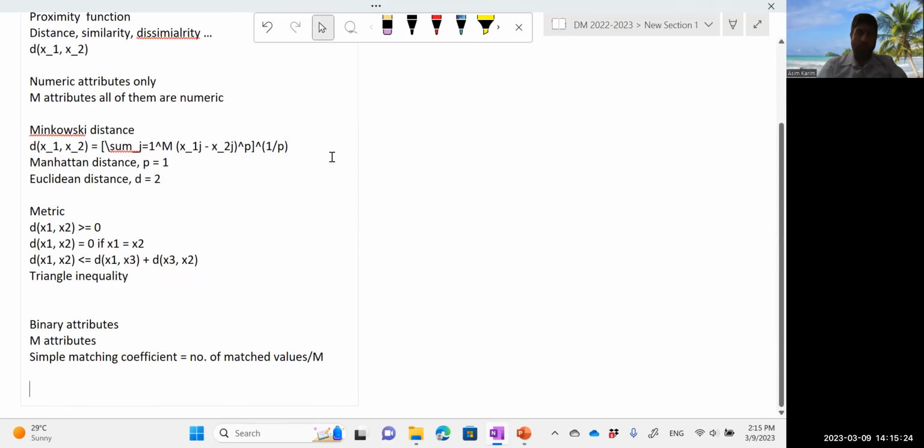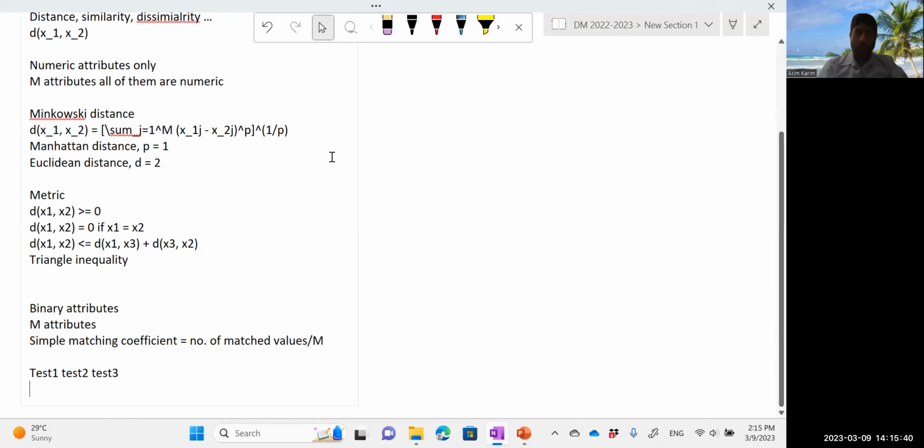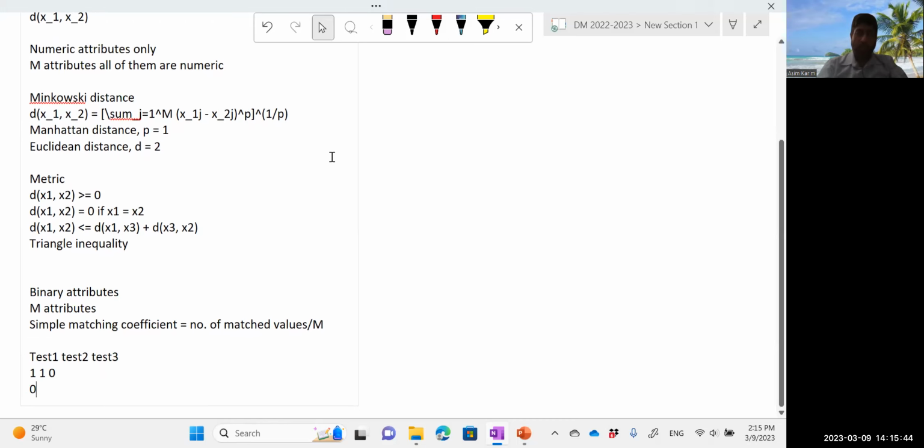For example, let's say you have two patients and both patients are described by the values of three tests: test 1, test 2, test 3. Let's say the first patient is 1, 1 and 0, and the second patient is 0, 1 and 0. Okay?